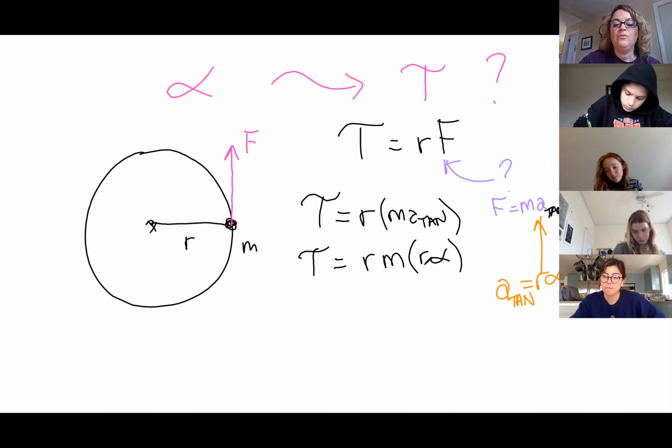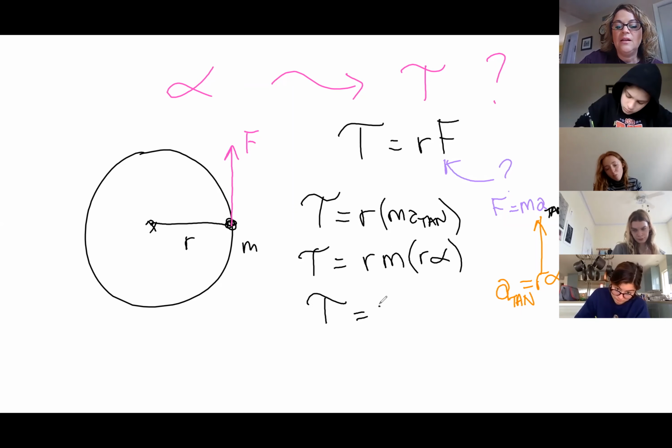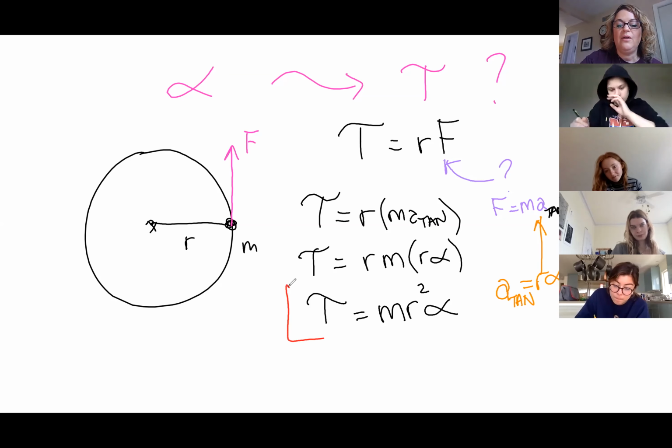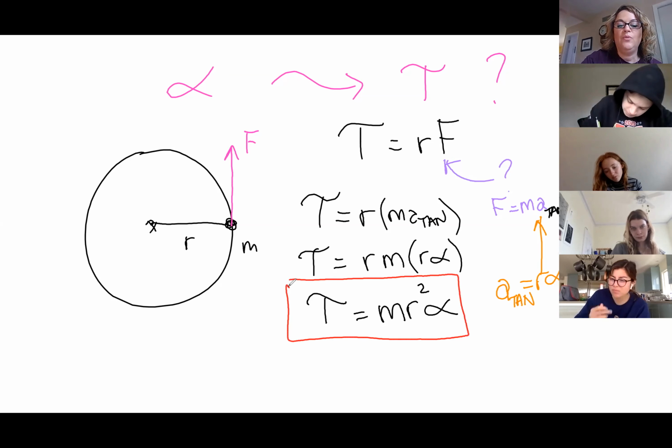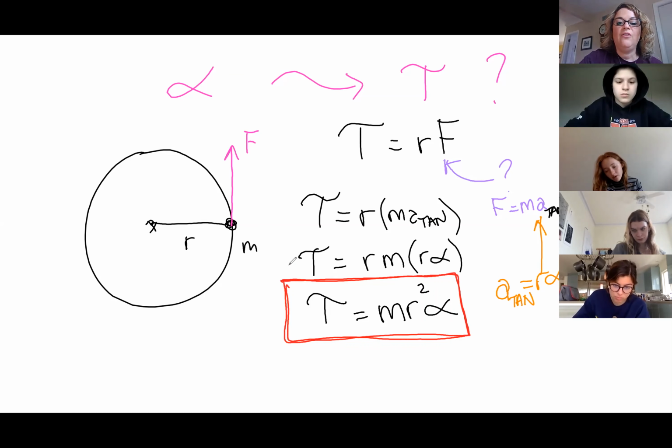If we regroup terms, we get something new: torque can be expressed as m r squared times alpha. I'm going to put a little box around that because we're going to think about what this equation implies. Torque equals m r squared times alpha.